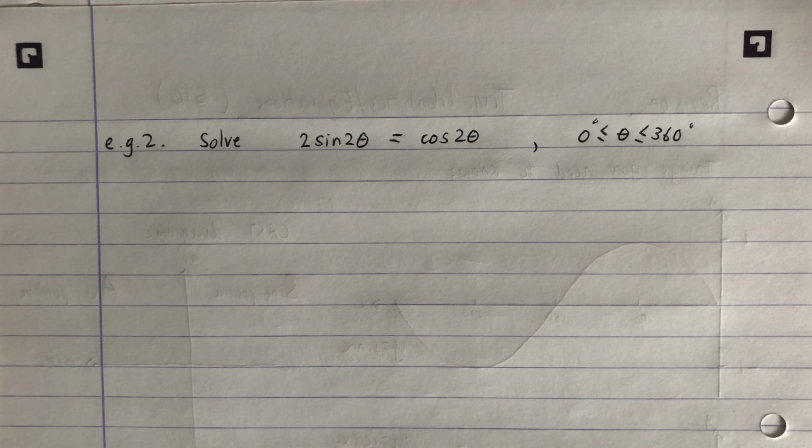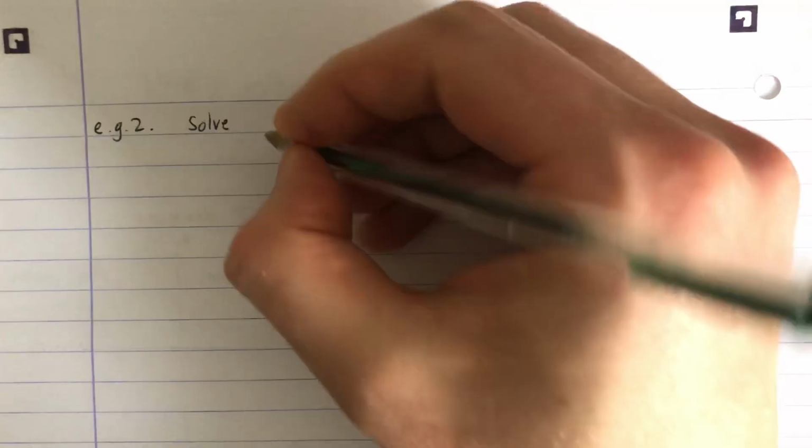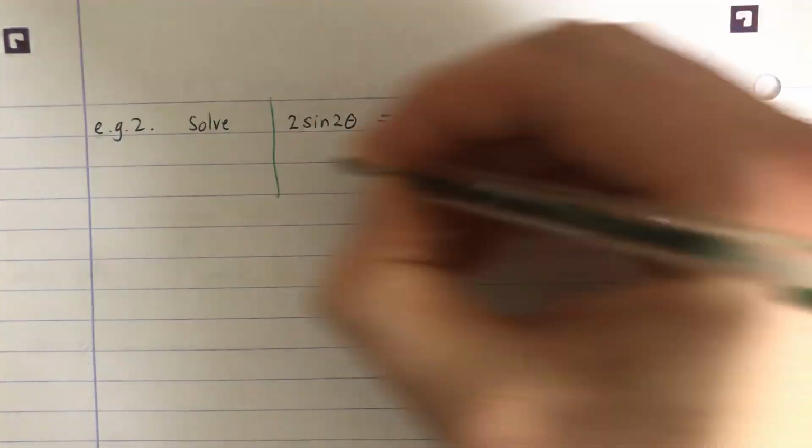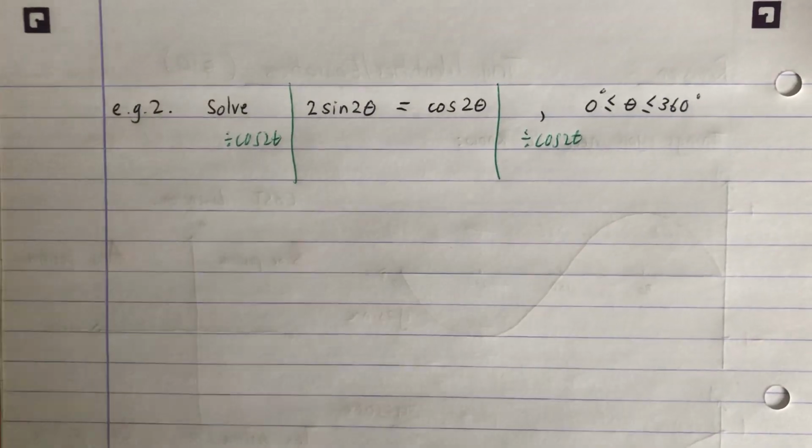So there's no sine squared or cos squared, so it's probably not going to be that Pythagorean identity. However, if I divide both sides by cos 2 theta, what would this simplify to?